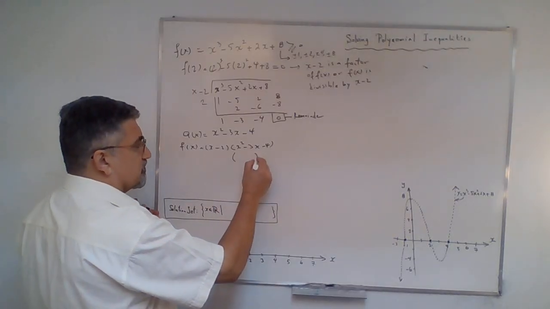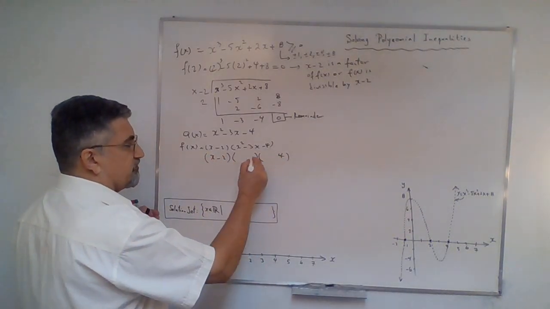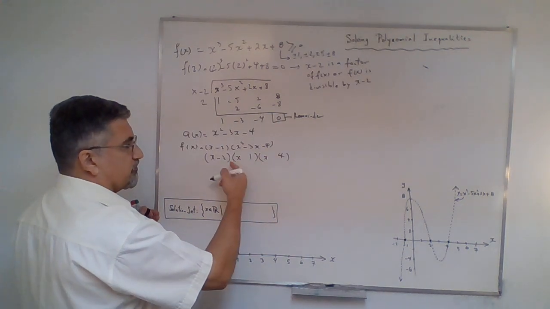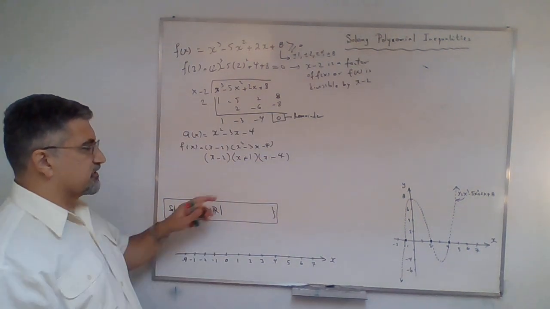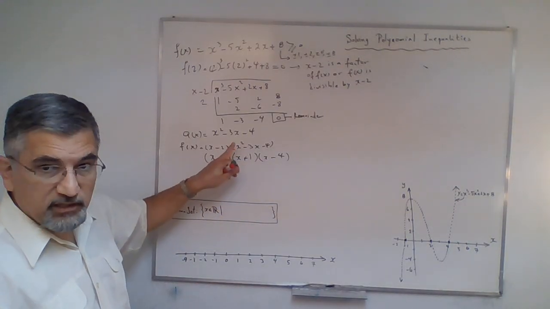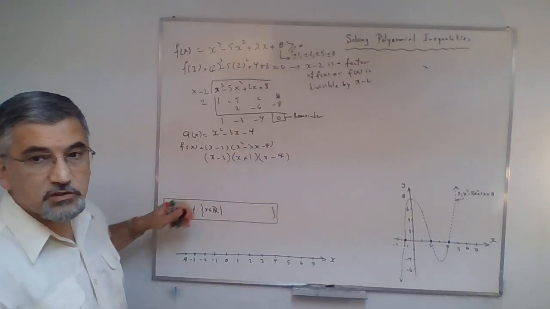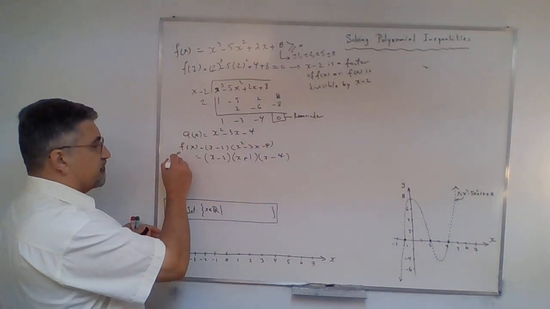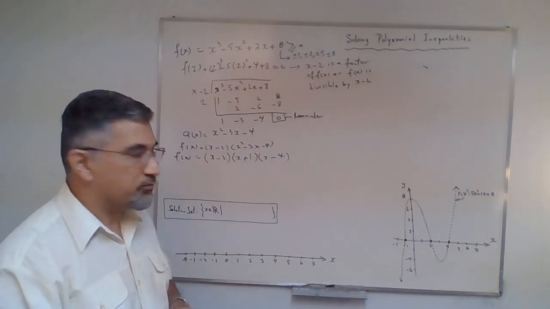Perhaps negative 4 and 1. Negative 4 and 1 add up to negative 3, and negative 4 times 1 is negative 4, so it works, okay? So we fully factored this cubic polynomial.